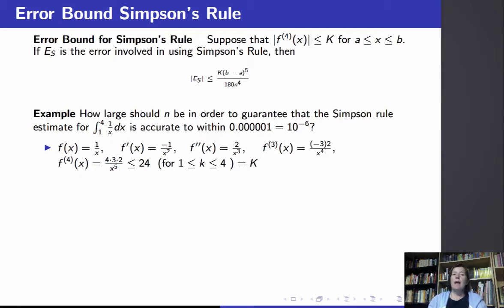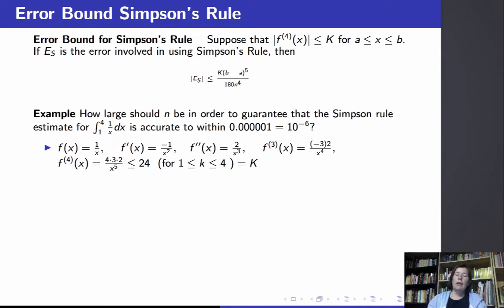So for every x in the interval from 1 to 4, the fourth derivative of f at x is going to be less than or equal to 24, and of course greater than or equal to 0. So the absolute value of the fourth derivative at x is going to be less than or equal to 24. So we can use 24 as the value of k in this formula.